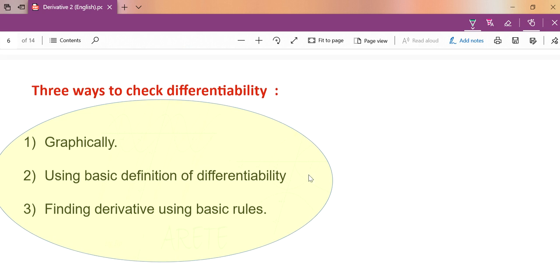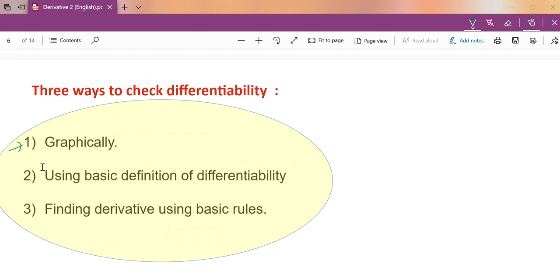If I want to check differentiability, what do I do? Number one, graphically, that is what we have been doing till now, isn't it? I just draw the graph and see whether there is a corner or not. If I really know graphically that there is a corner, it's definitely not differentiable. Or if I can see that there is a vertical tangent, I know my function is not differentiable.